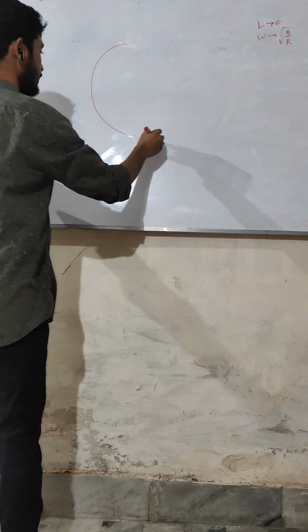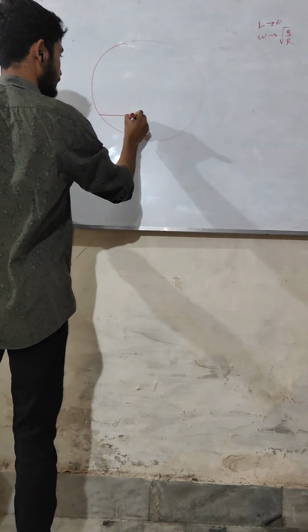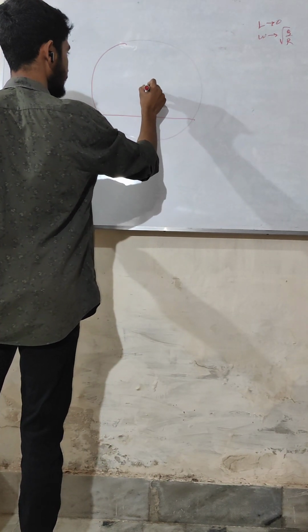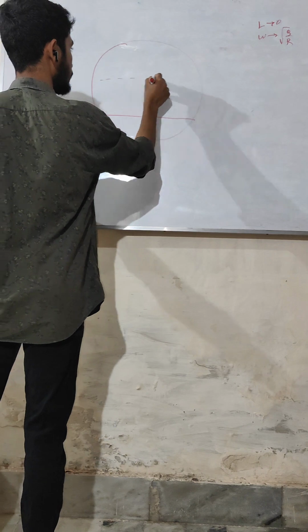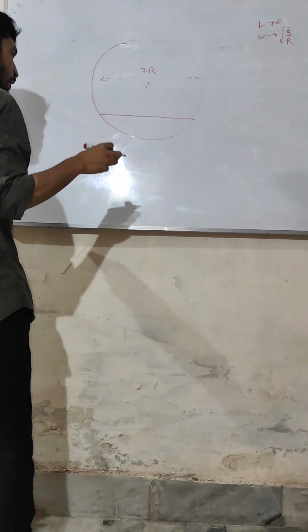Let us imagine this is my circular ring, and say this was the equilibrium position, this is the radius, this is the center C, and the whole ring has a diameter of 2r, right?